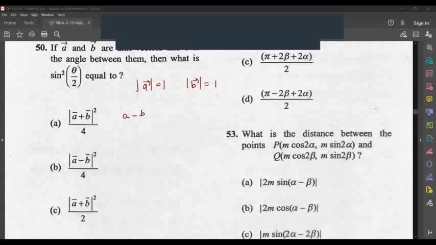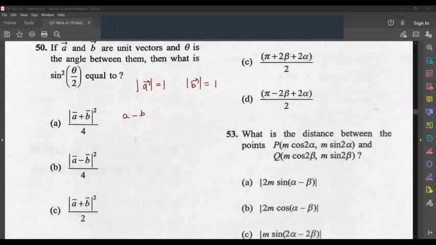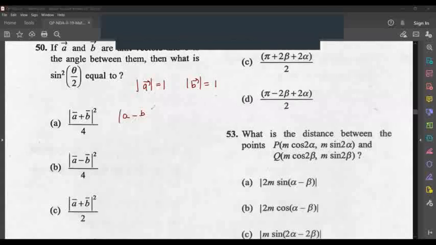Now the magnitude of A minus B, the whole square. What is that?